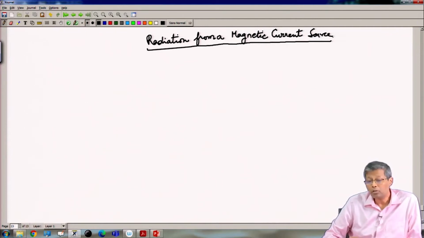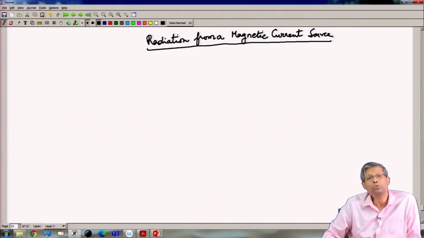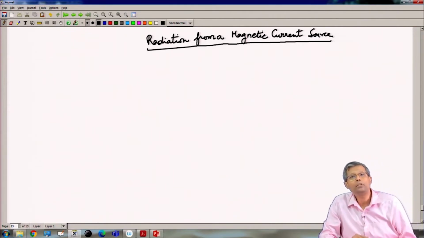So, the magnetic current source actually is a fictitious source, nothing called the magnetic current source exists, but we are also going to show the relevance of the magnetic current source in the electromagnetic field computation problems, why it is needed, why it is introduced.